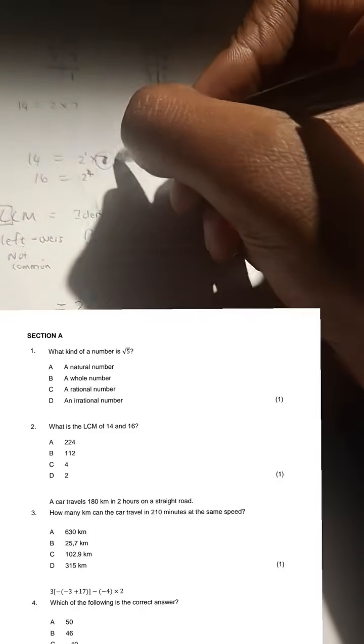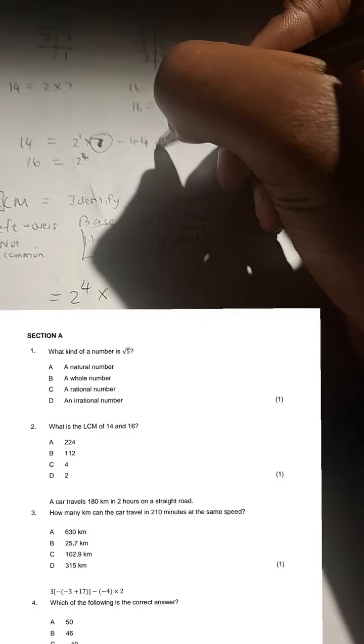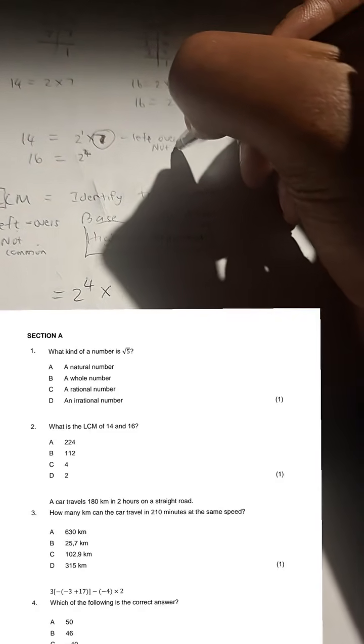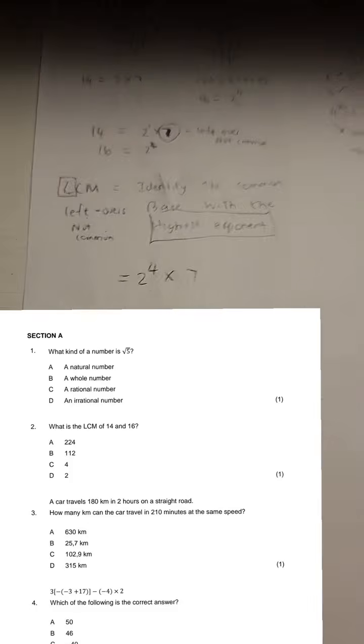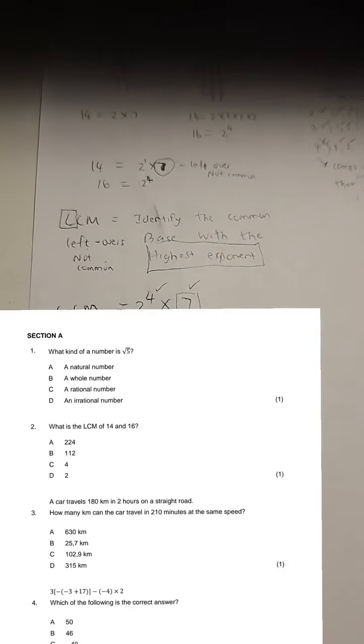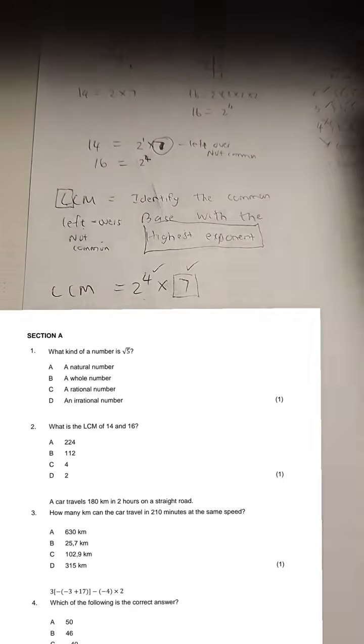So here, 7 is a leftover, not common. So we are going to write it there as a product as well. Okay? We include it as part of the LCM. So the LCM is equal to 2 to the power 4 times the 7. You take your calculator. This is 16 times 7.